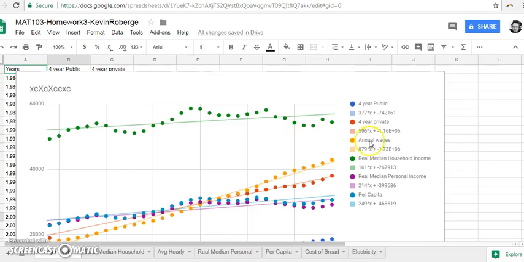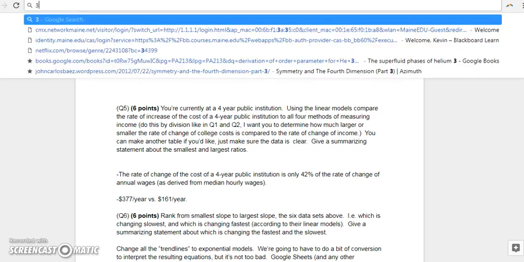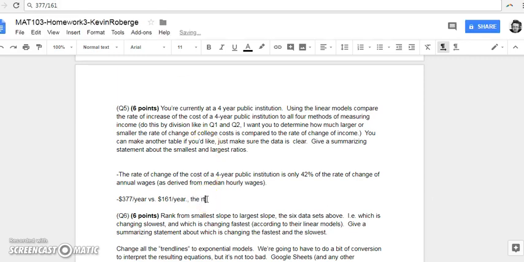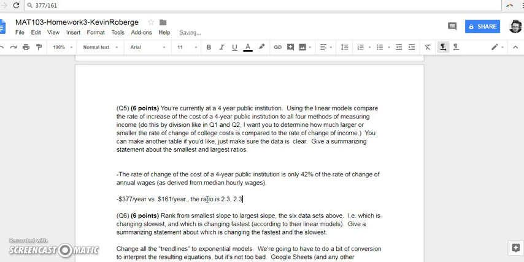What about another one? Annual real median, that's 161. So versus 161 per year. Well, now you have a different ratio. 377 divided by 161 is 2.3. So the ratio is 2.3. So what is that? Well, 2.3 times 100 is 230%, or 130% more.